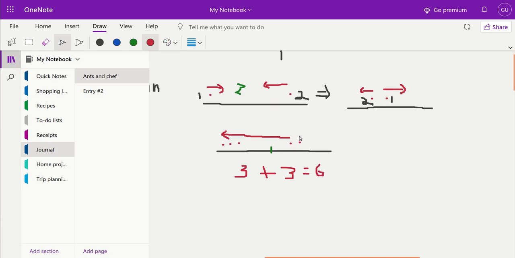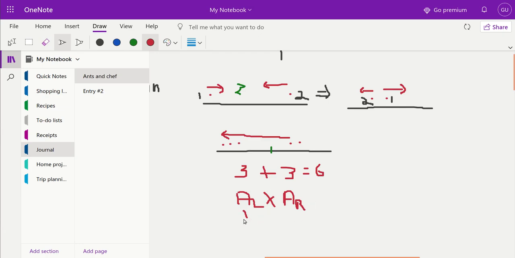Which means that every ant on one side of the line will collide with every ant on the other side of the line. So if there are, let's say, AL ants on the left side and AR ants on the right side, then the total number of collisions on this line will be AL times AR.